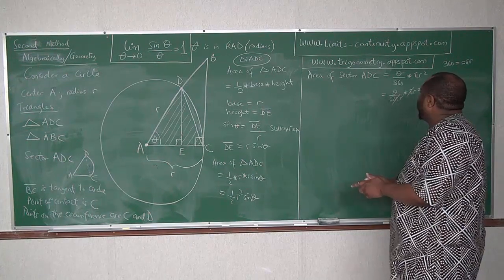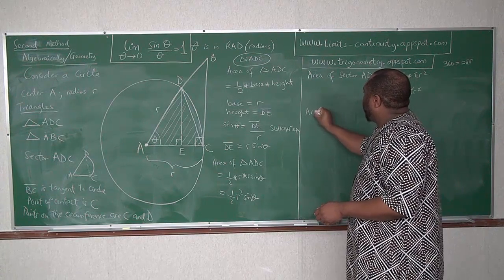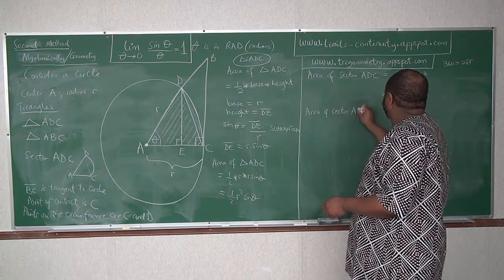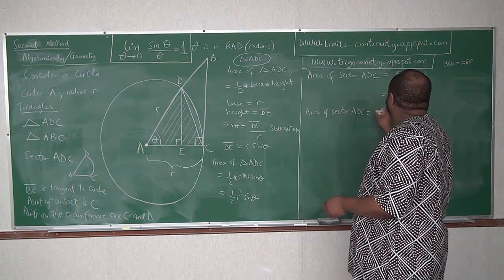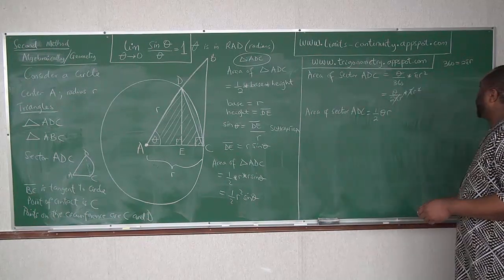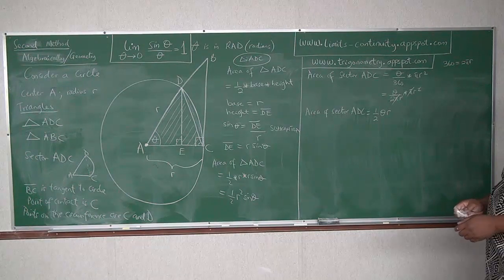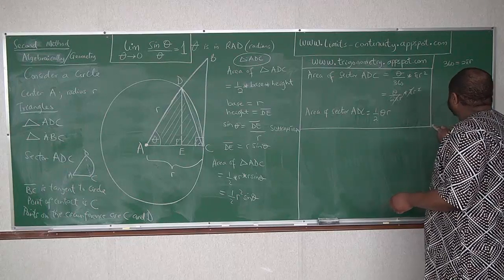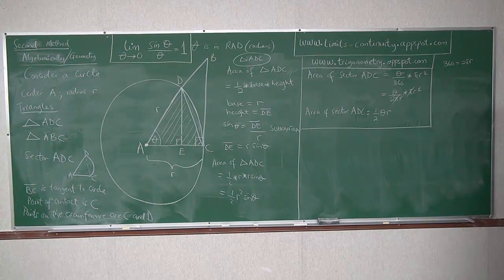So area of sector ABC is 1/2 theta r. We keep that.